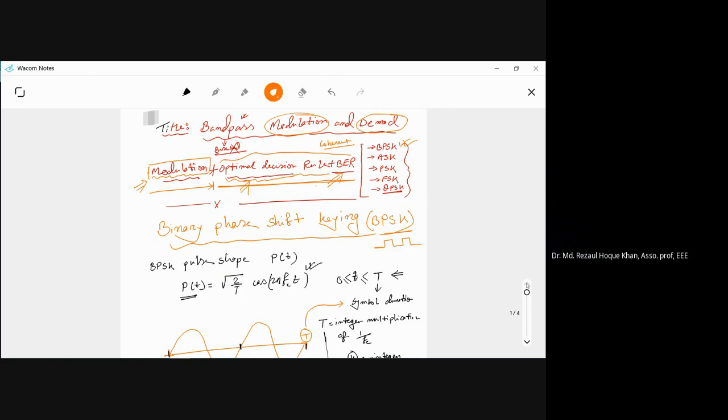In other lectures we will also see what happens if we do non-coherent detection. So this is the basics part.